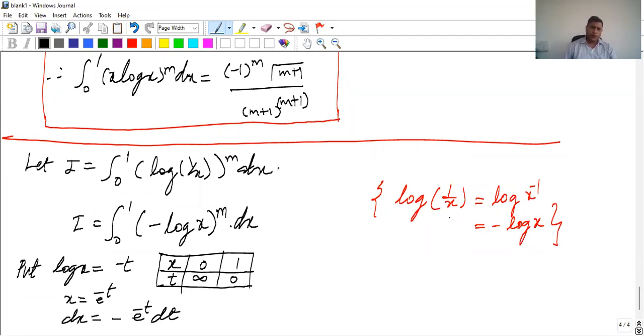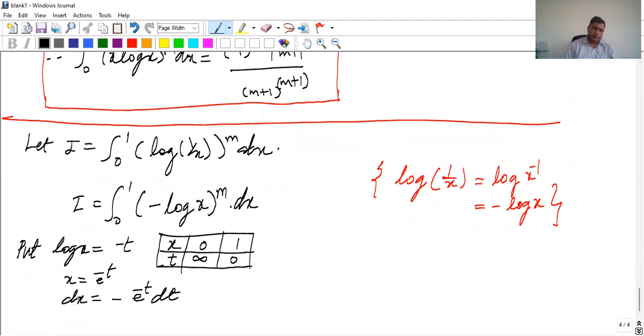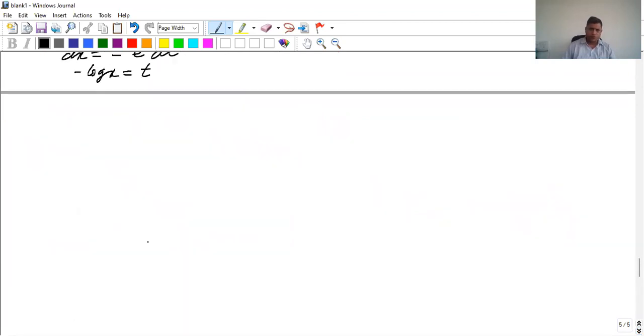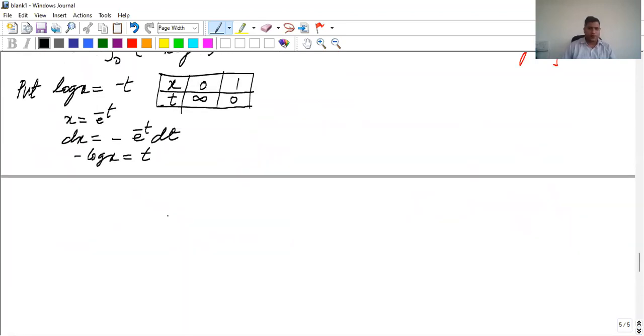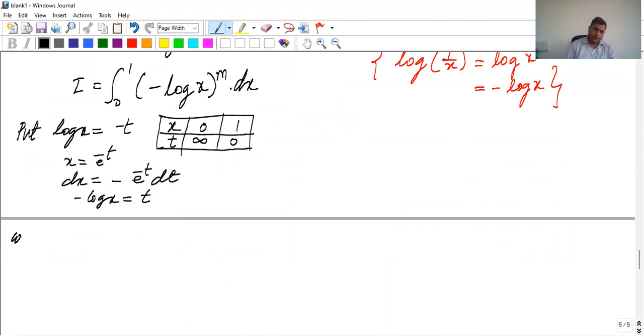And here we have minus log x is equal to t. Now we can replace dx, we can replace log x, and rewrite this integral. Hence, we get I is equal to integral infinity to 0 t^m minus e^(-t).